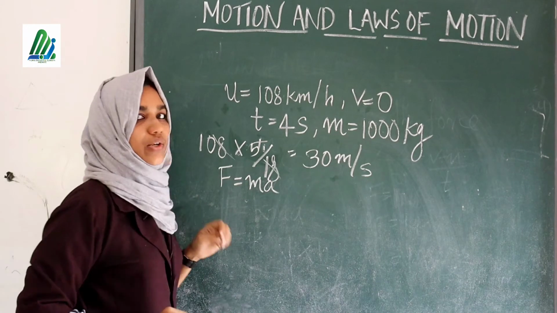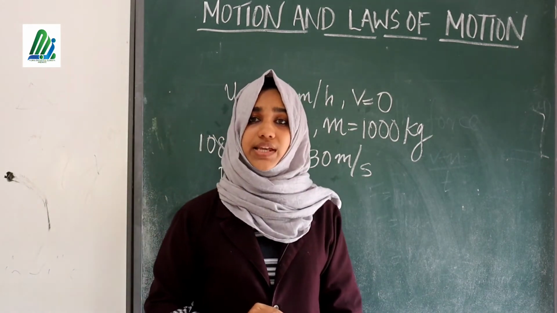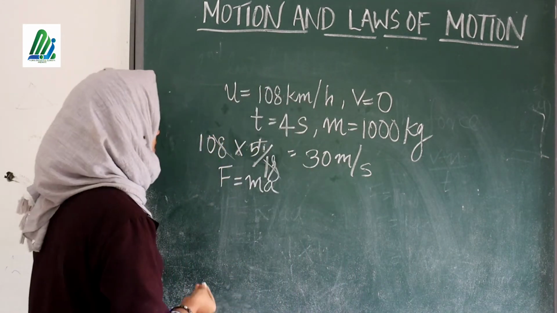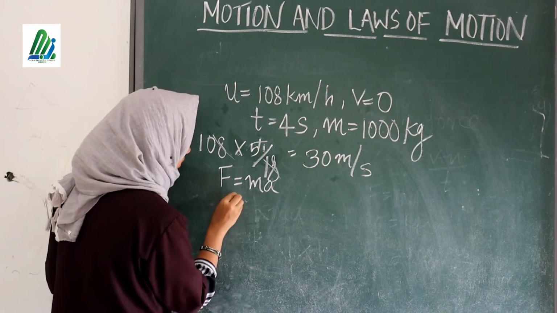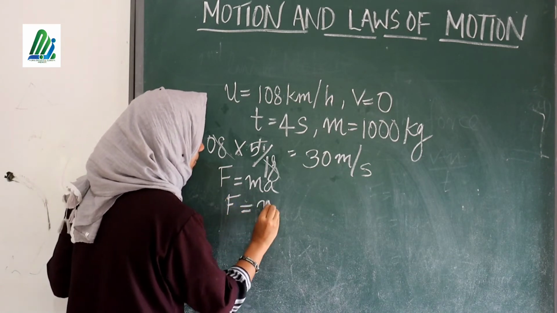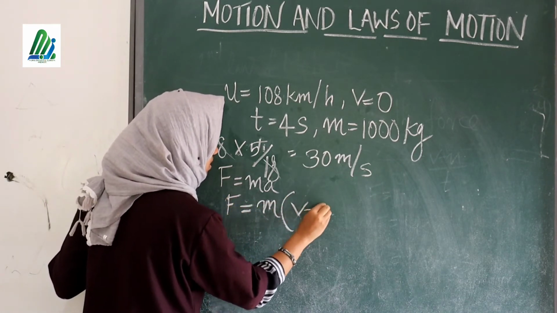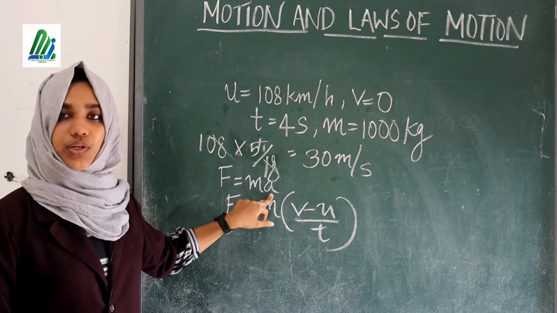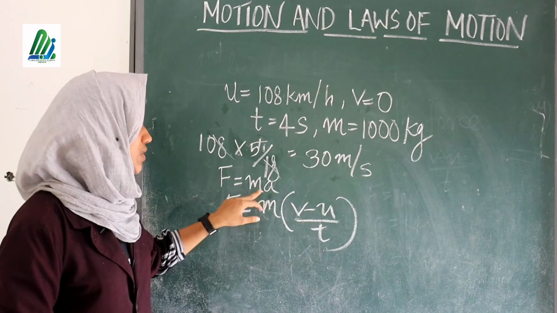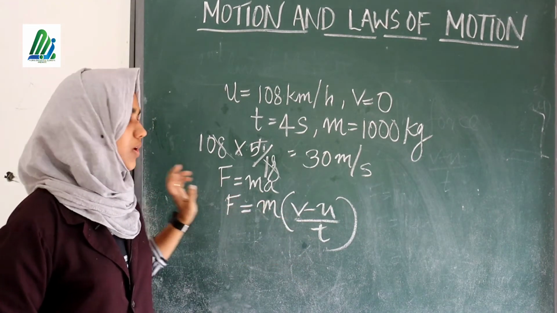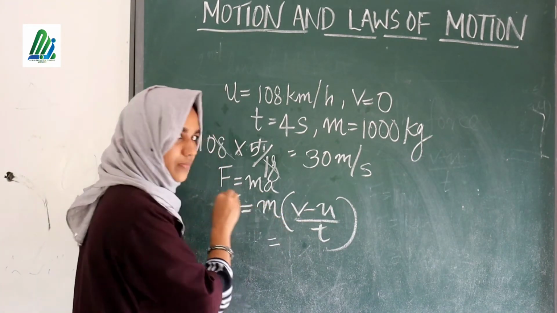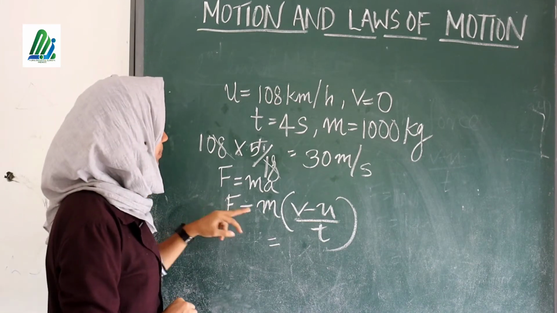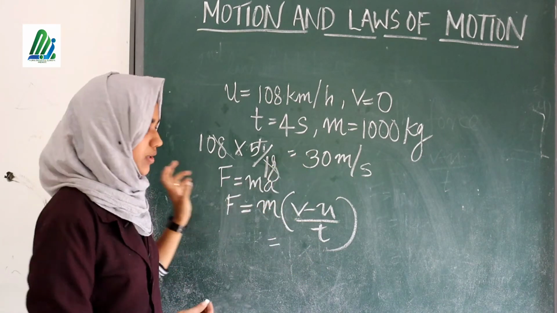So we can write this as m into (v minus u) by t. Here acceleration is equal to (v minus u) by t. So I write here.